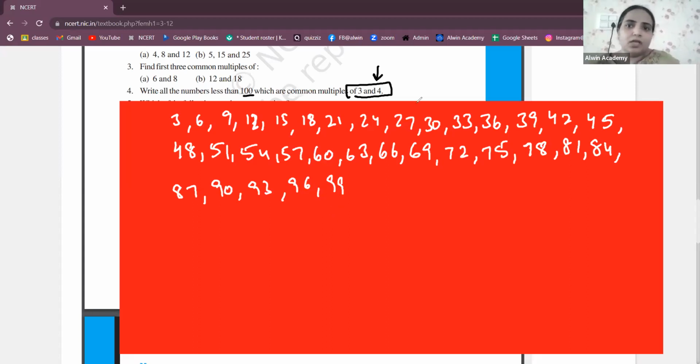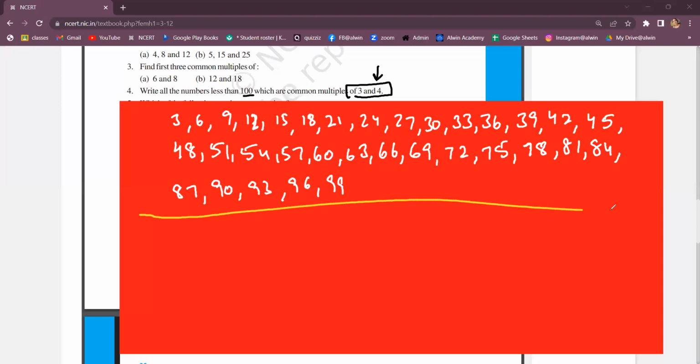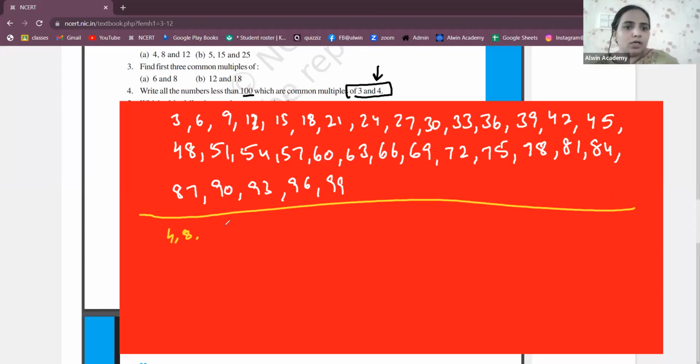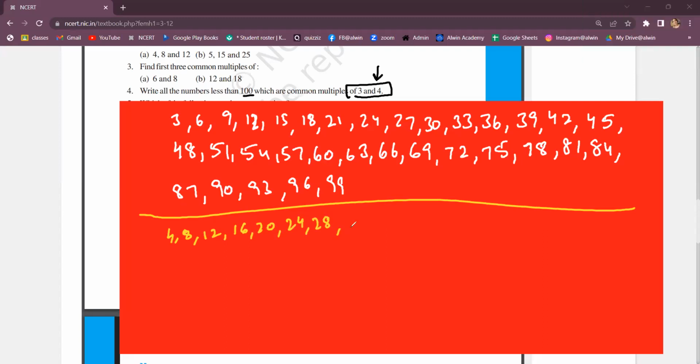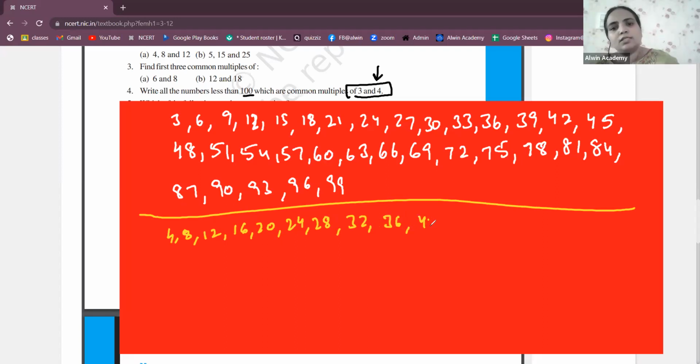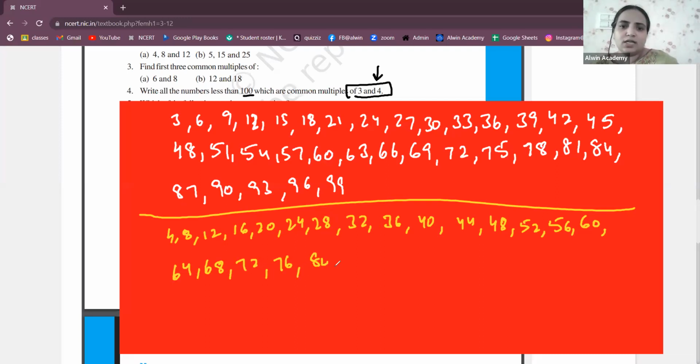Right, beta? Now the same way I list all the multiples of 4. So 4, 8, 12, 16, 20, 24, 28, 32, 36, 40, 44, 48, then 52, then 56, then 60, then 64, then 68, then 72, 76, then 80, 84, 88, 92, 96, 100.